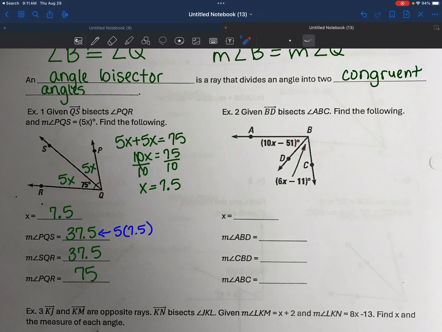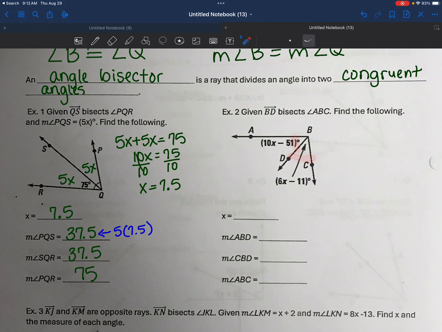Now, example 2, did they tell us what the measure was of this whole entire angle? No. But what do we know about these two angles? They are congruent. We do know that. Why do we know they're congruent? Bisect. This word right here tells us, right?